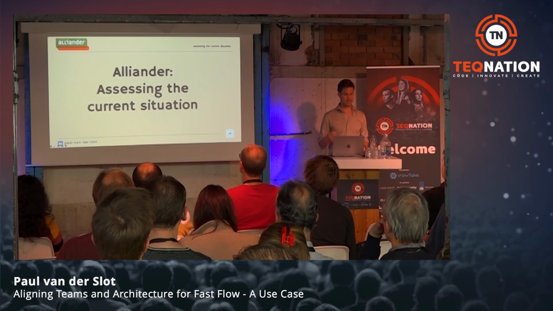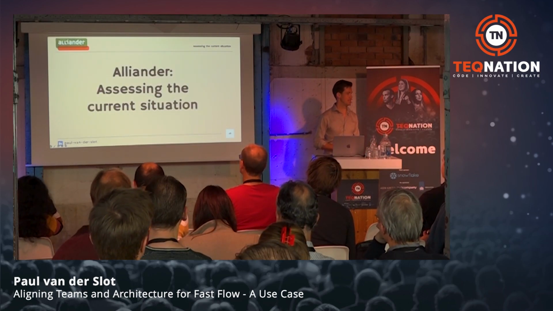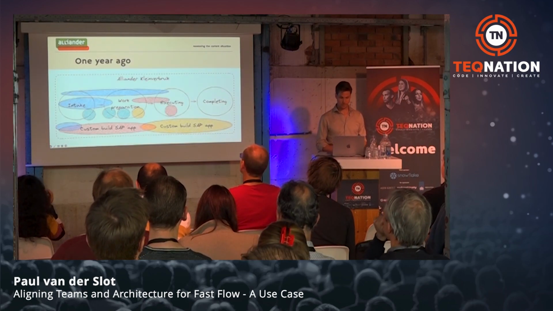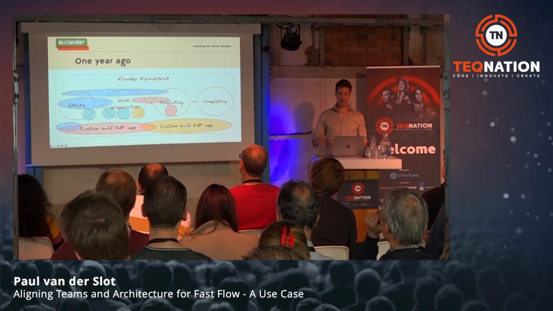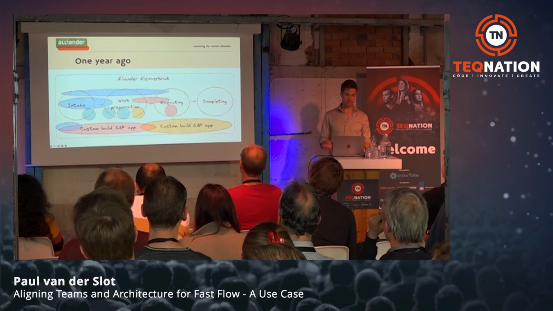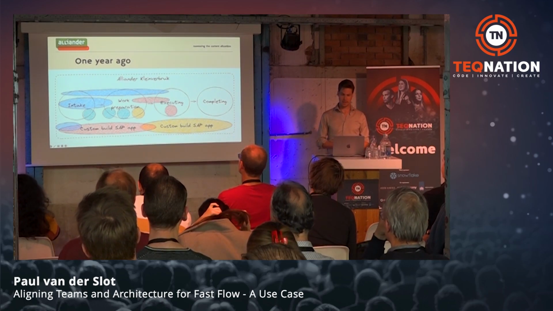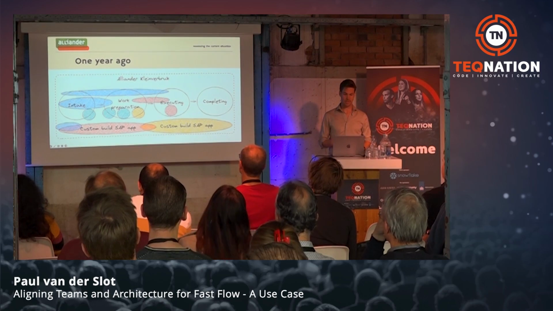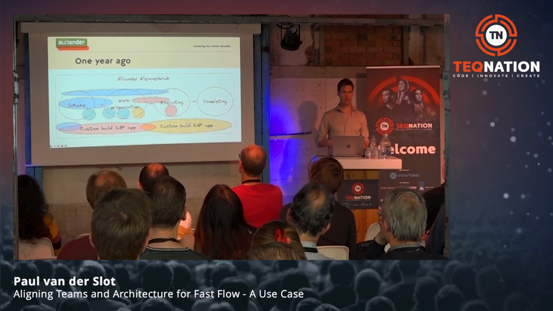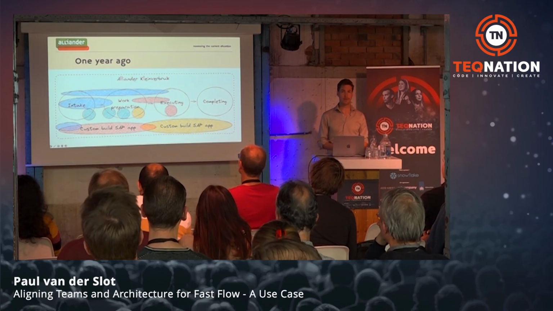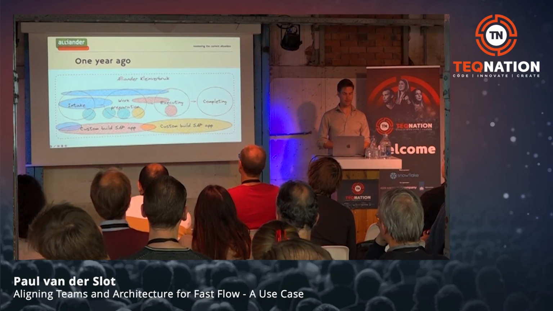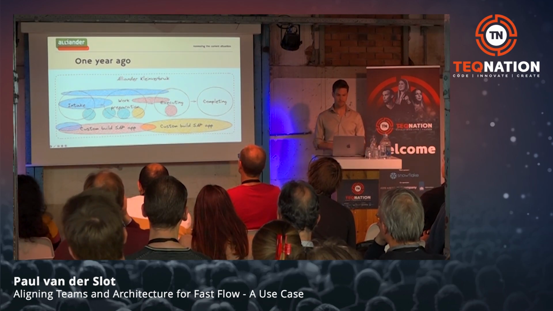All right, so let's assess the situation at Alliander. How was this at Alliander? Here you see a picture of our process, so from intake to completing, and you see the software teams mapped on that. So a color is a software team, and a circle there with that color is a piece of software.